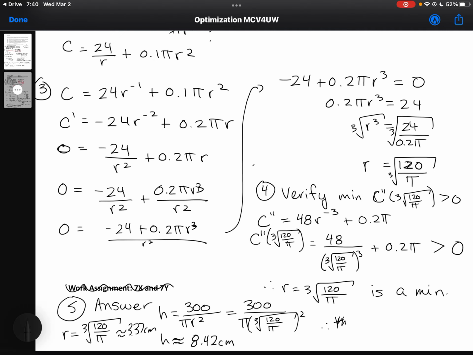So therefore, the dimensions that minimize the cost are r equals 3.37 centimeters and h, I'm running out of room down here, equals 8.42 centimeters. 2 examples of optimization using calculus.